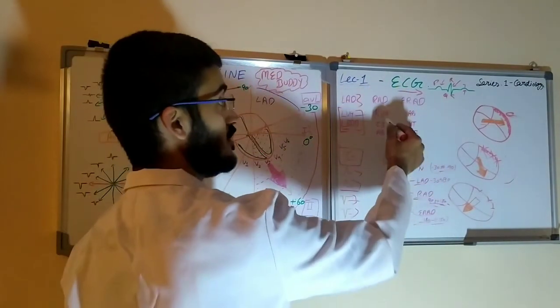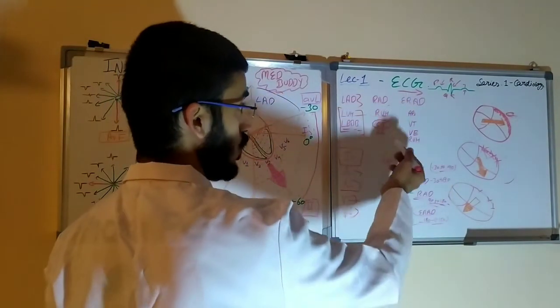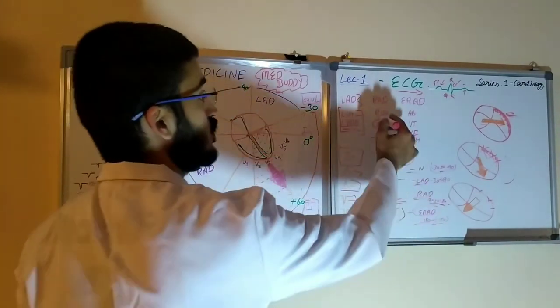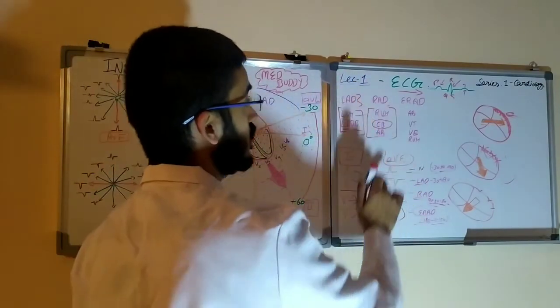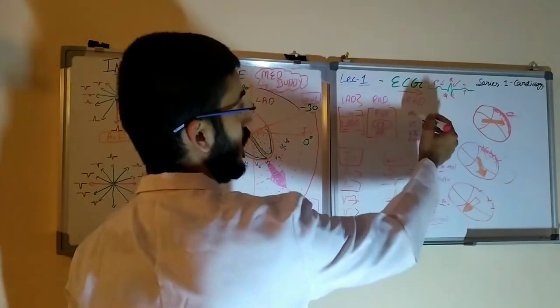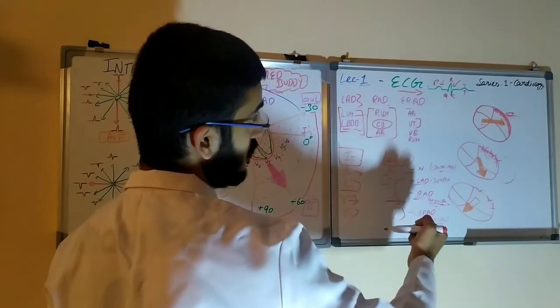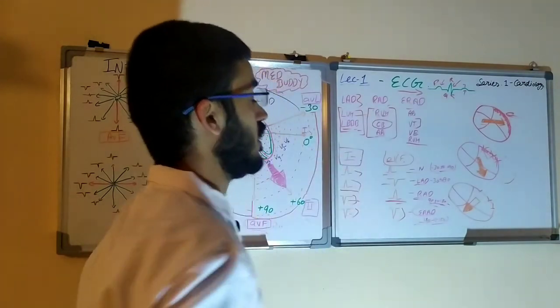Right axis deviation: right ventricular hypertrophy, right bundle branch block, or APs, that are accessory pathways. These will be the most common clinical cases that you are going to see. And extreme right axis deviation is mainly seen in ventricular tachycardia and right ventricular hypertrophy as well.